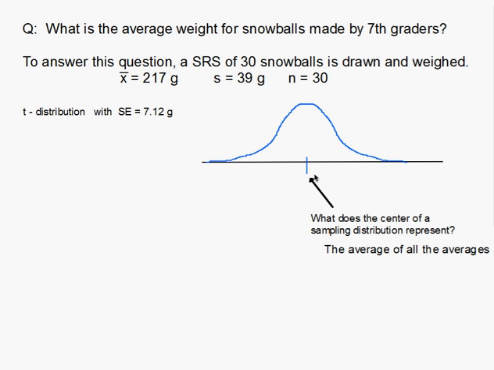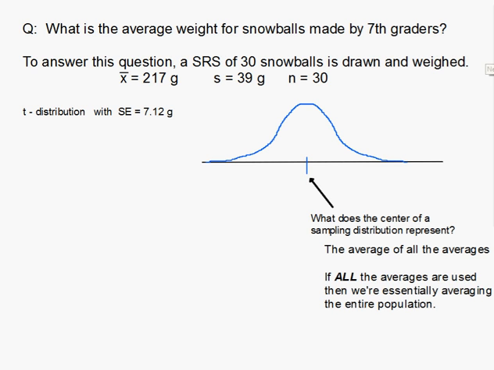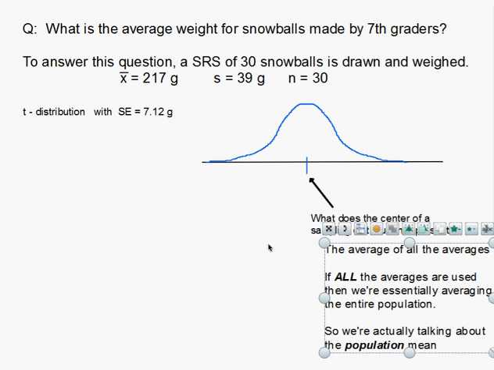So this is the center of all possible sample means. Now, if we're talking about all the averages, then we're essentially talking about the entire population. If we average all of the averages, that's all of the individuals, all of the members of the population. Which means the center of this distribution is really the population mean, or the mean of the whole population.